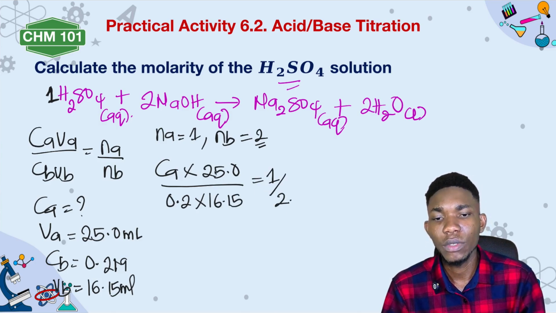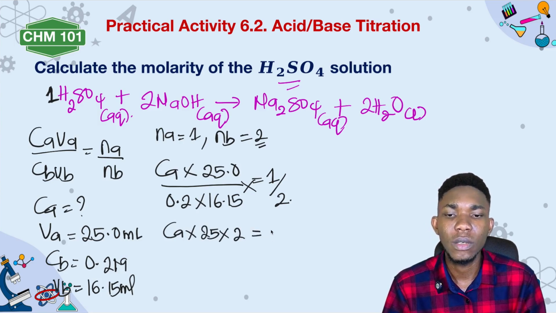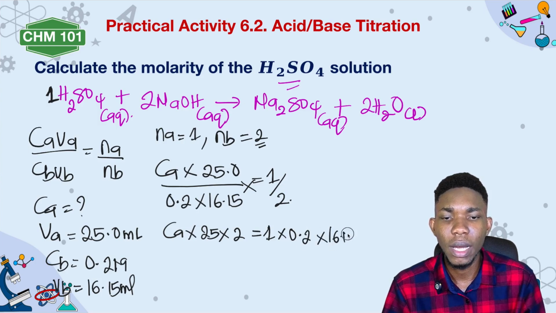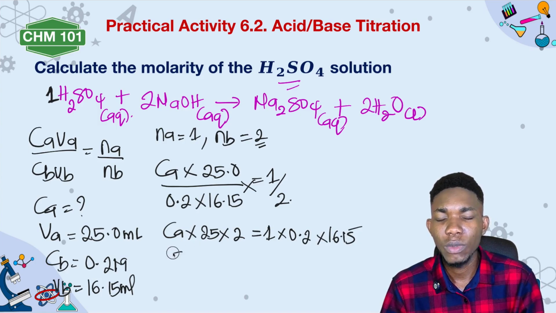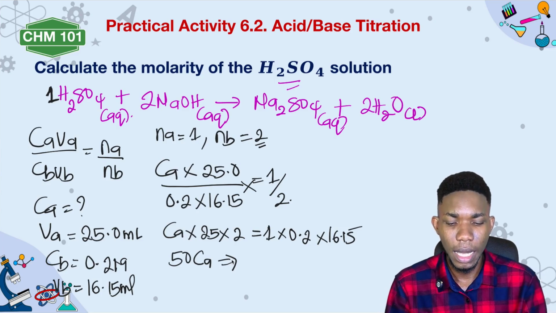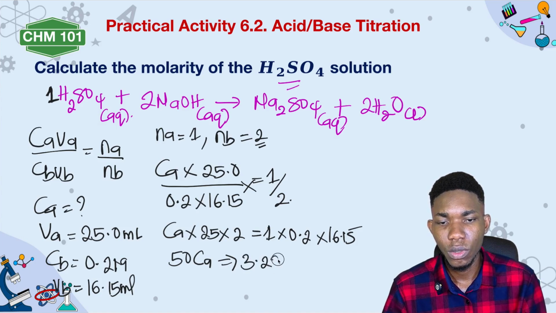Now cross multiply, this will give us Ca times 25 times 2 equals 1 times 0.2 times 16.15. This multiplied by this will give us 50 Ca equals 0.2 times 16.15. Let me reconfirm. So we have 0.2 times 16.15, which gives us 3.23. Then divide both sides by 50.